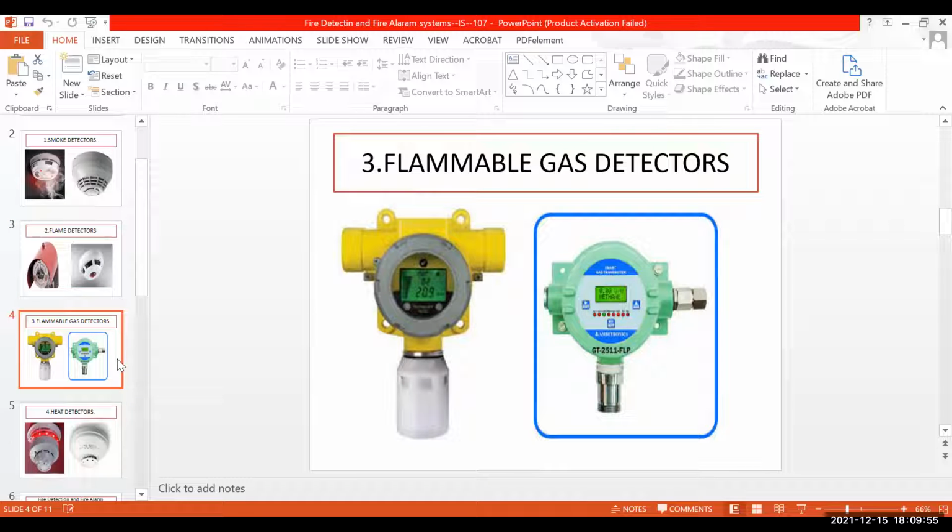Flammable gas detectors. These detectors are mostly used in the oil and gas industries only, the majority of them, to detect the flammable gases.